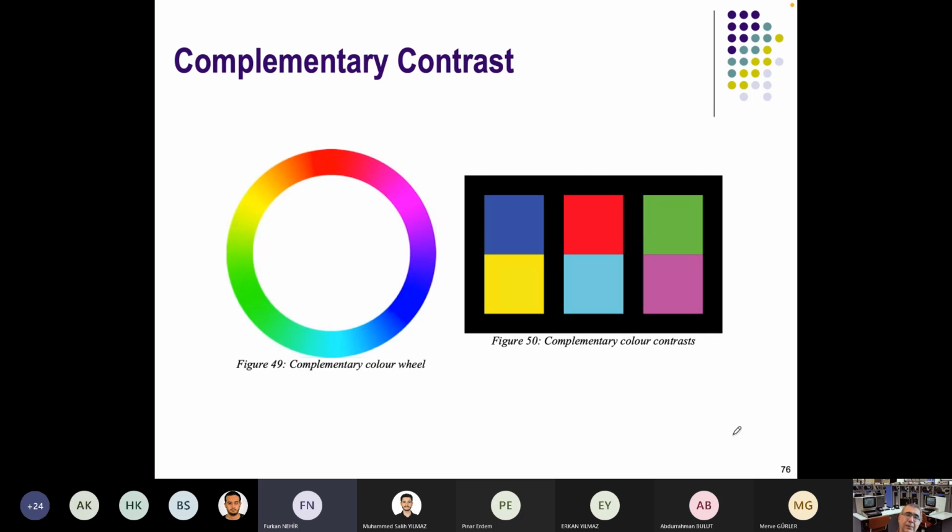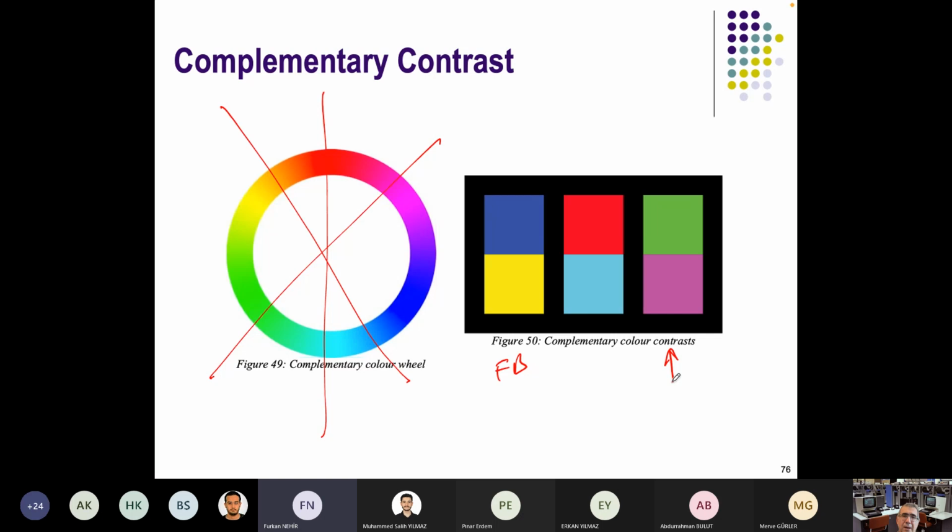This is what we said, complementary contrast, rather than primary contrast. When you combine them, you get a complementary contrast. As I said, Fenerbahçe is complementary contrast, good. And what is this football team?